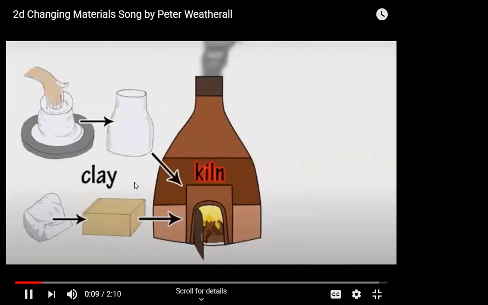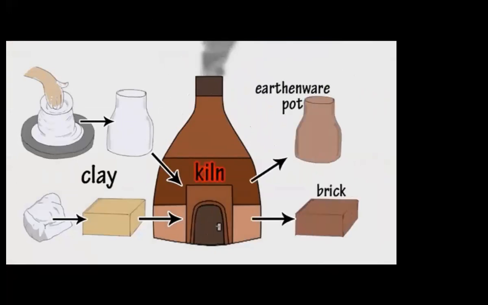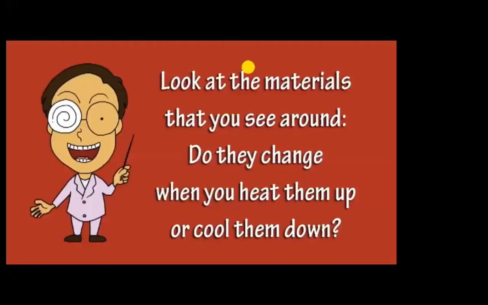If you put some clay into a kiln that's very hot, it can turn into a brick or a flower pot. Look at the materials that you see around. Do they change when you heat them up or cool them down?